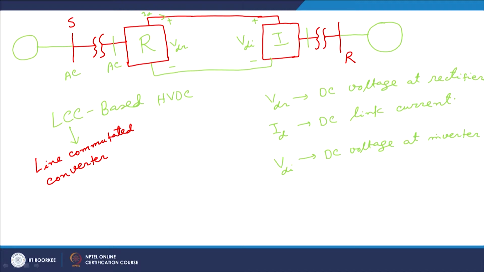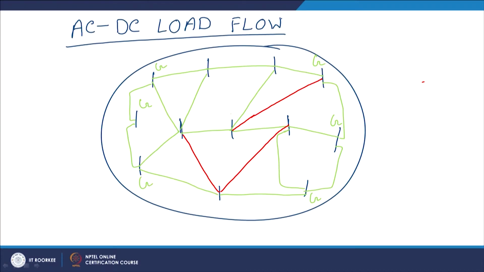So, for example, here this is the sending end bus and these are the lines, and this is the receiving end bus. Here also there is some converter, etc.